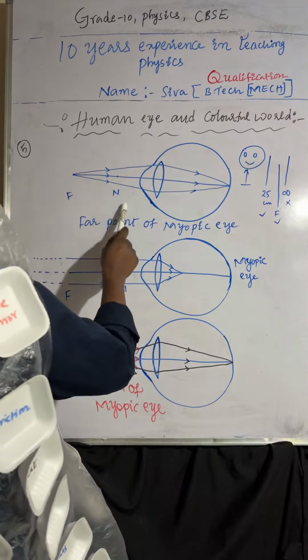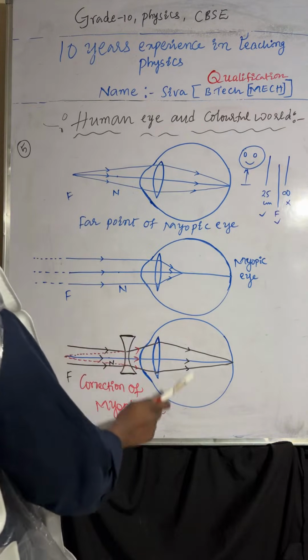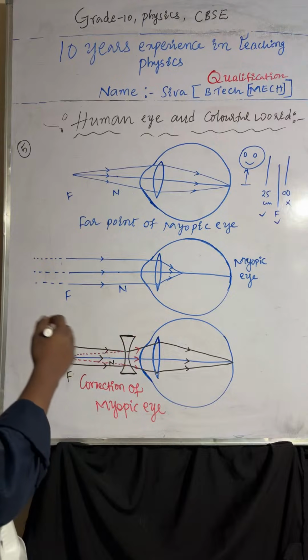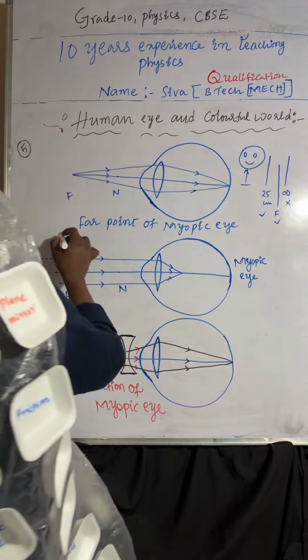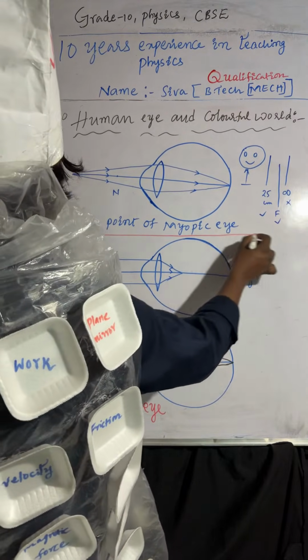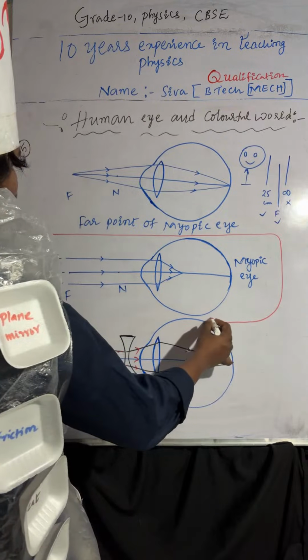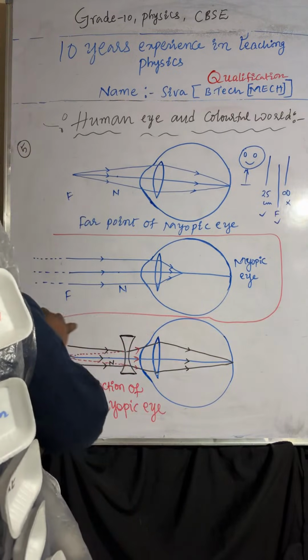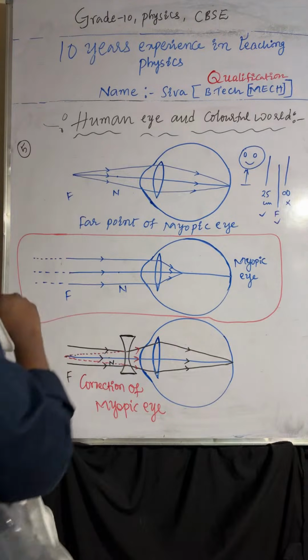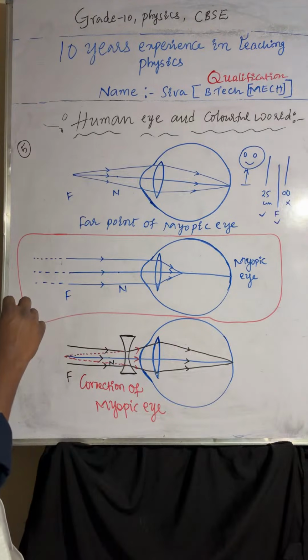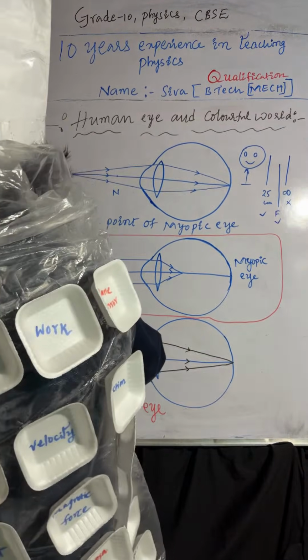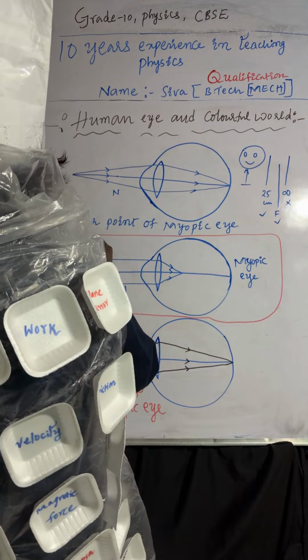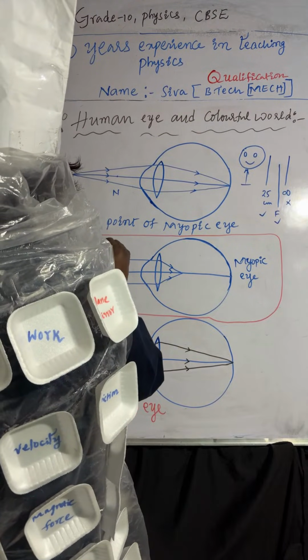So, far point of myopic eye, and correction of myopia. By observing this middle diagram, we will get to know the causes of myopia.